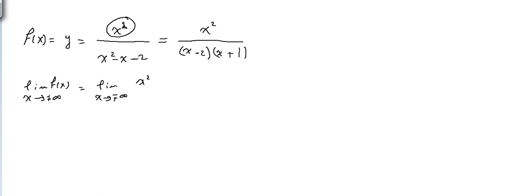We take the highest exponent only in both numerator and denominator, and that would be equal to 1. y equal 1 is what? A horizontal asymptote. So as x approaches infinity, this is the definition of asymptote. As x approaches negative or positive infinity, the limit of f of x approaches 1. y equal 1 is a horizontal asymptote.